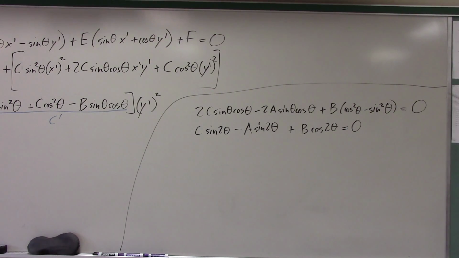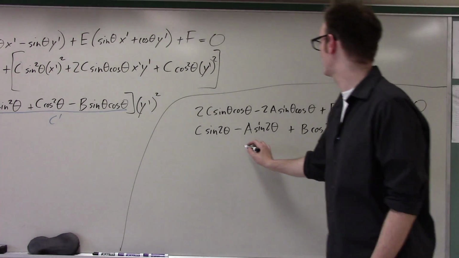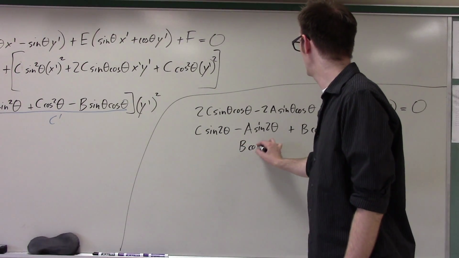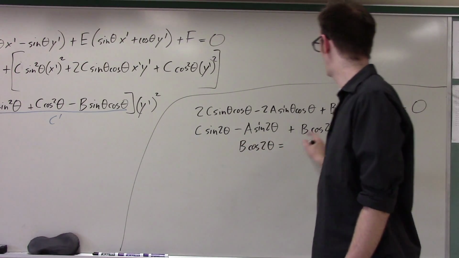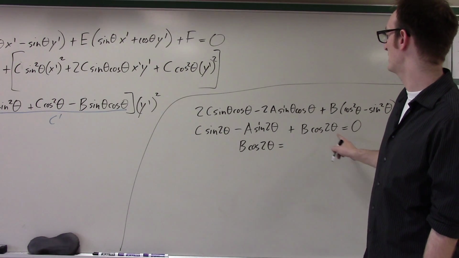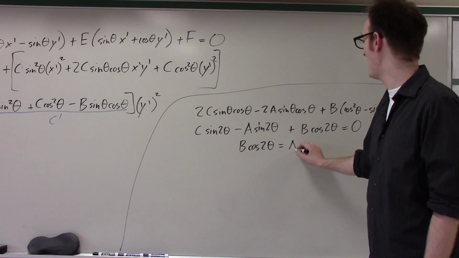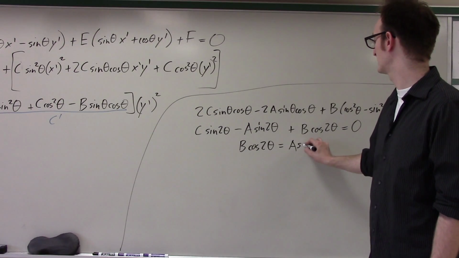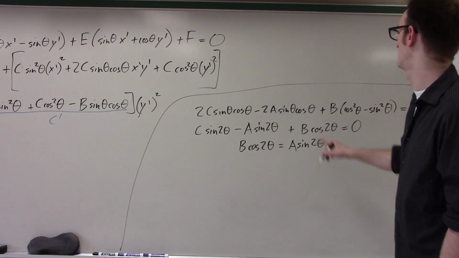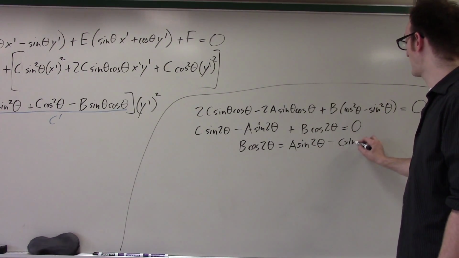All right. So I can set up a little equation here. B cosine 2 theta is a sine 2 theta minus c sine 2 theta.